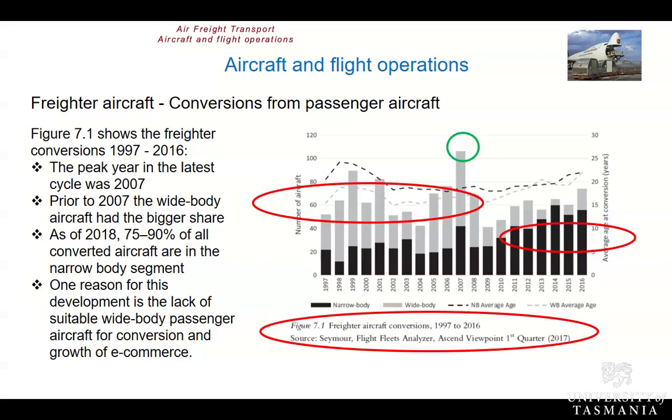Potentially, one of the reasons for this development is that wide-bodied aircraft just may not have been available for conversion at that point in time. But another argument is that there's been strong growth in e-commerce, which is most likely directed around short to medium haul movements, which fits quite nicely with the narrow-body type of aircraft.